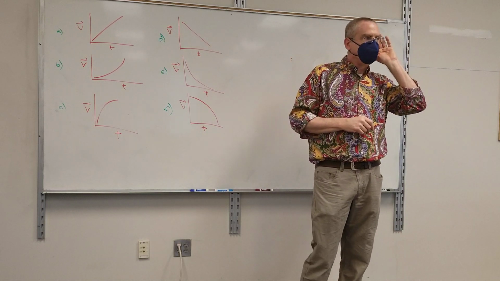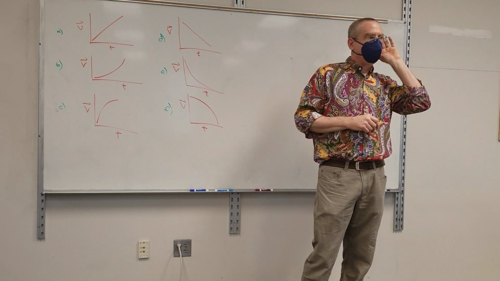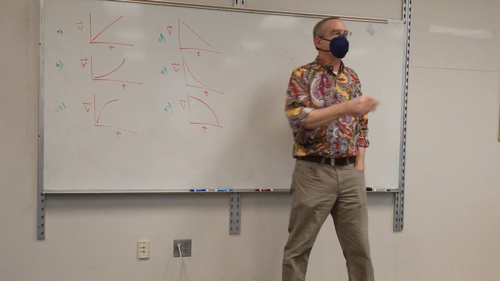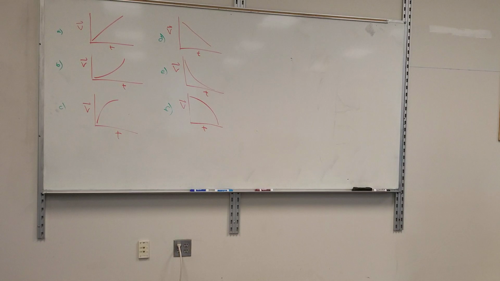So, I said it's slowly speeding up. Why would it be partial credit, or what would I add? Why do you say it's slowly speeding up? Because it starts off horizontal near the origin, which is closer to not moving, like zero, like flat.